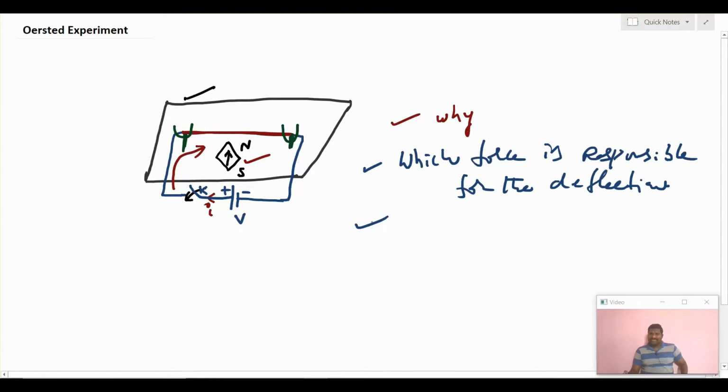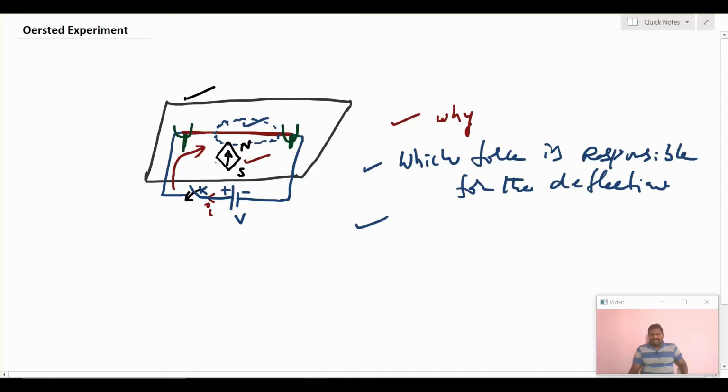To understand this concept, there is a term, magnetic field. Because of the current passing through a conductor, there is a magnetic field surrounding the conductor. Due to this magnetic field, the compass is affected.